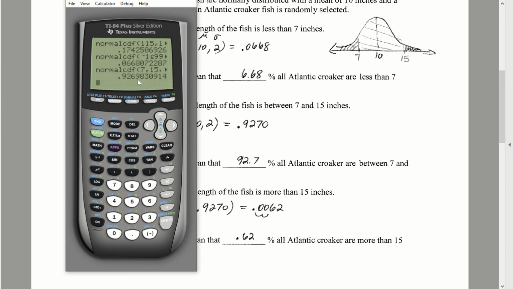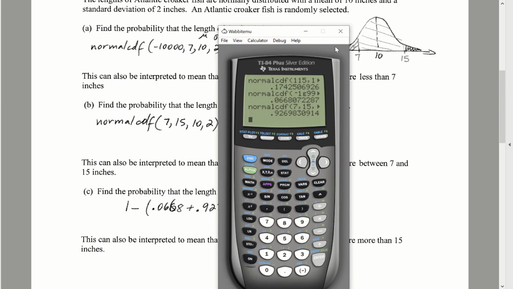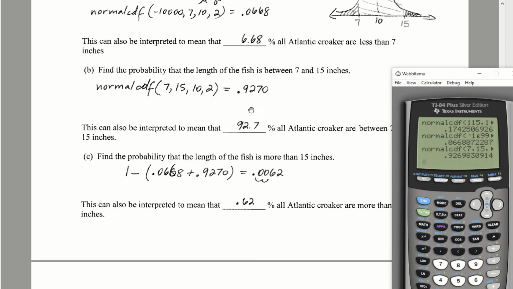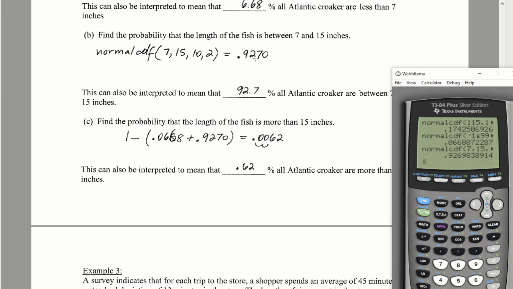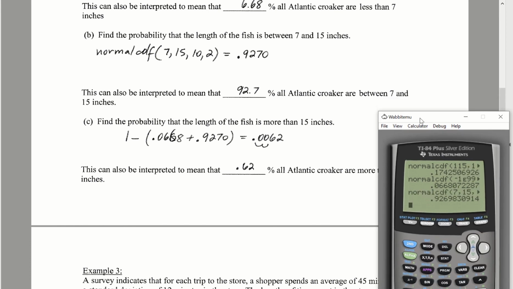And we would get a probability of about 0.9270. This 8 would bump that 9 up to a 10, which would carry over and bump that 6 up to a 7. So 0.9270. For the interpretation, we could say that, moving it over 2 places to the right, 92.7% of all Atlantic croaker fish would be between 7 and 15 inches in length.